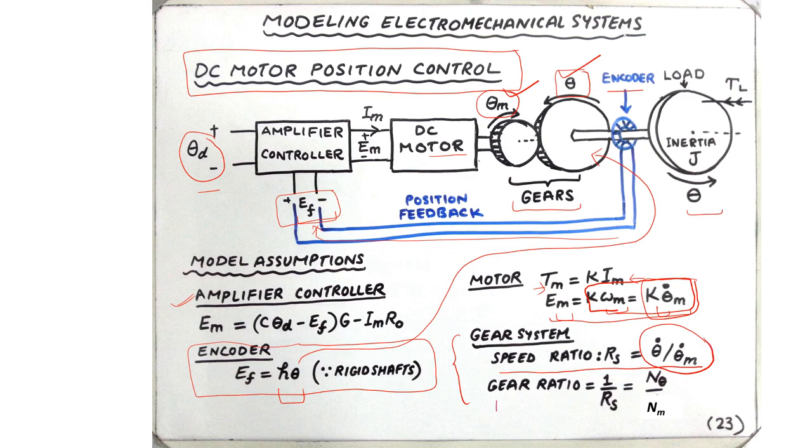But if you take an inverse of this speed ratio, you get a gear ratio, which is written as n theta over nm. So n theta is the number of teeth on the larger gear. We're talking about the number of teeth on the larger gear, this one.